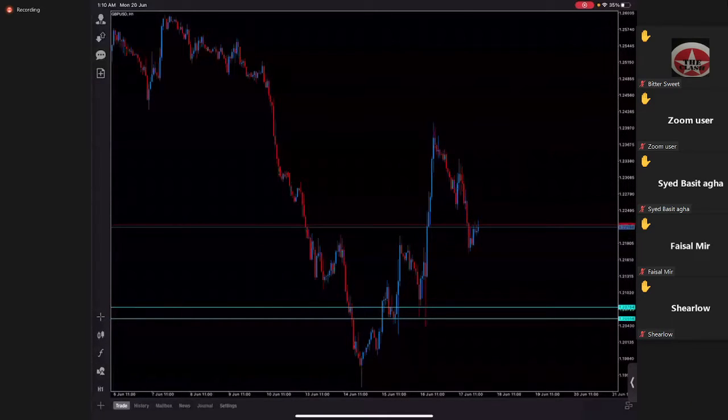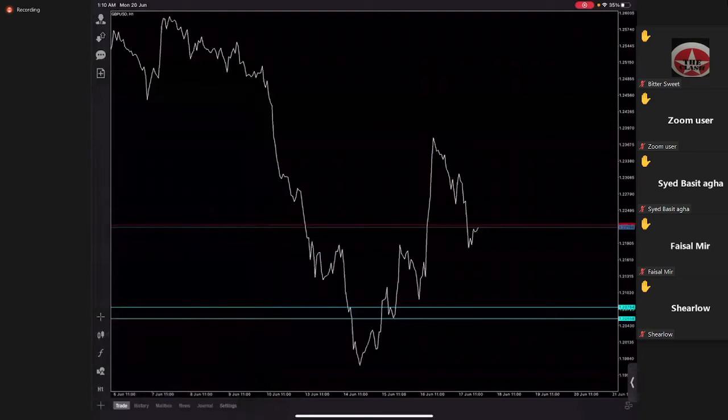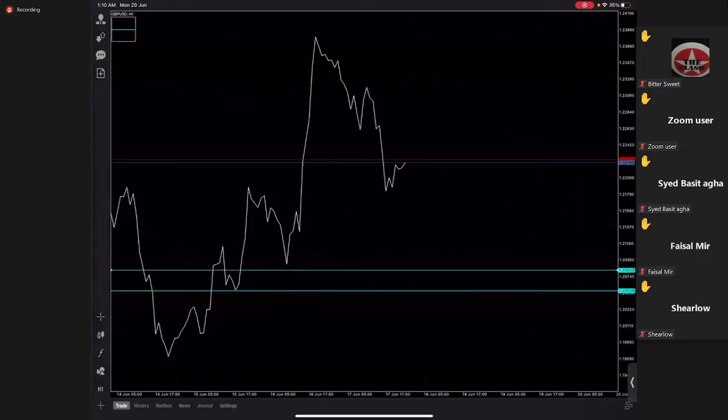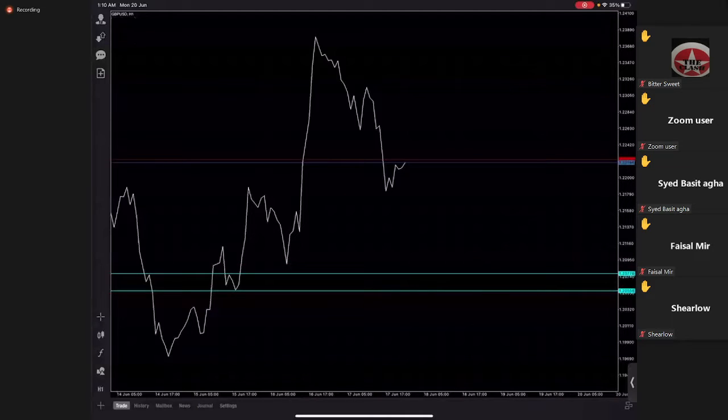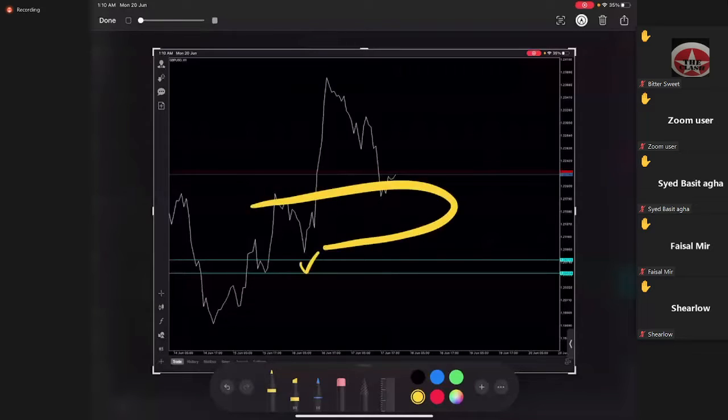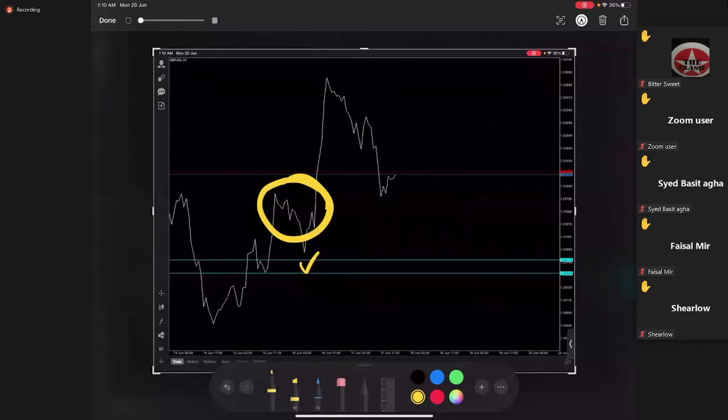So maybe find in this area. This one already hit. This one already hit. So we need to find around here.